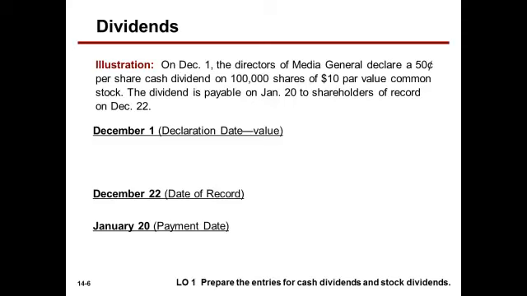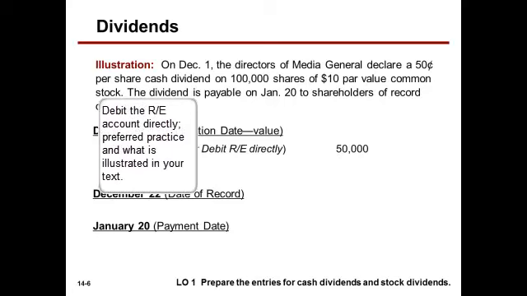So the first thing is to determine the total value of this cash dividend. 50 cents a share times the number of outstanding shares, 100,000 shares, or $50,000. We're going to debit cash dividends for $50,000. We could debit retained earnings directly.